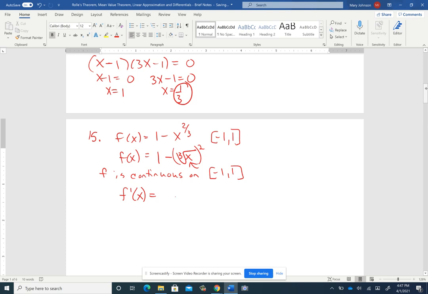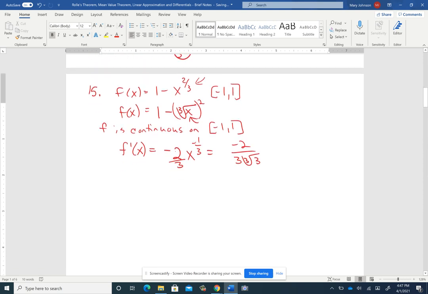The derivative of 1 is gone, so this will be -2/3 x to the -1/3. That's -2 over 3 cube root of x is what I meant to write, okay?